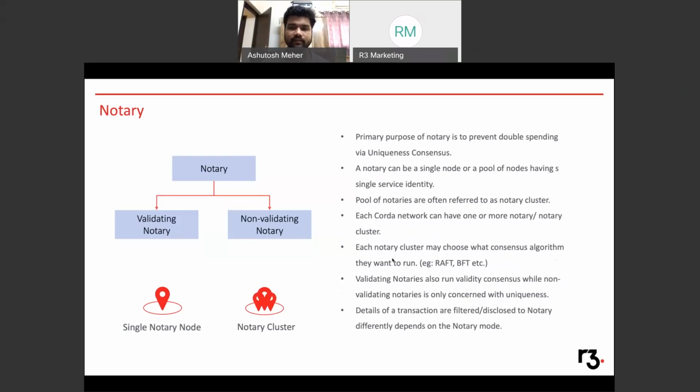The notary comes in different flavors: a validating notary or a non-validating notary. What exactly is a validating notary? Let's understand the non-validating notary first.